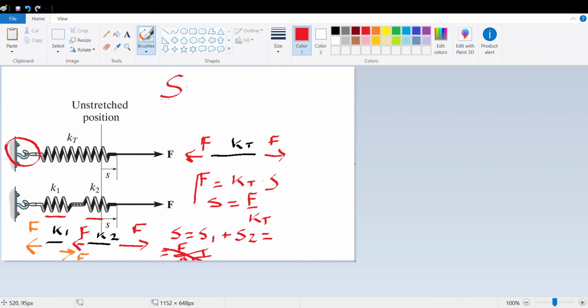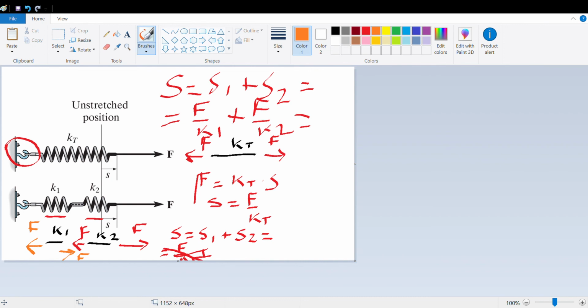So S is equal to S1 plus S2, which is equal to F/K1 plus F/K2. And this is equal to the total displacement, which was this guy here. So it is equal to F divided by Kt.